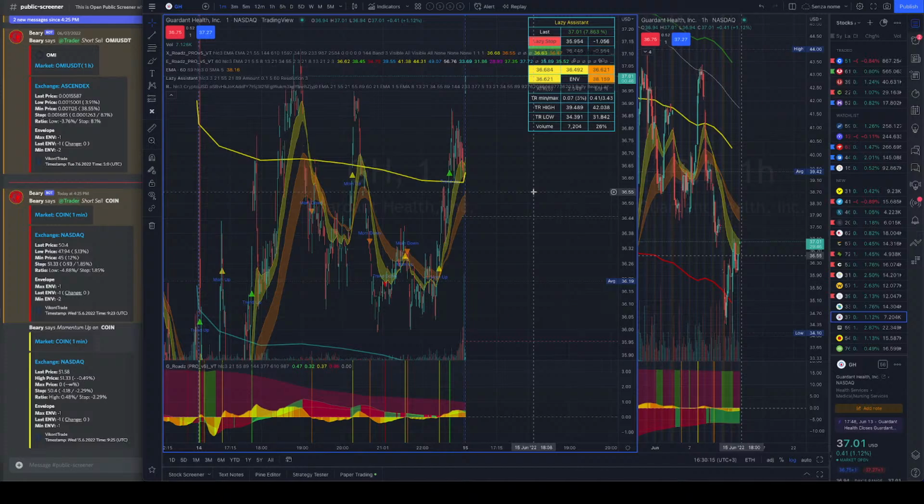Okay. So market going higher. Okay, let's quickly set up with the stocks we already selected. Going first.